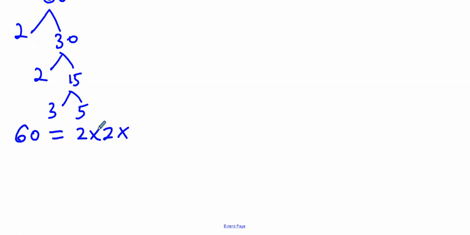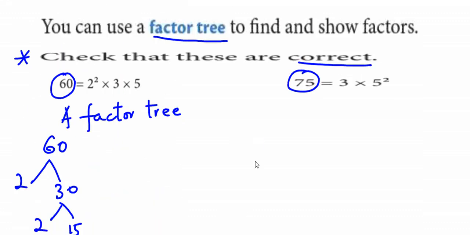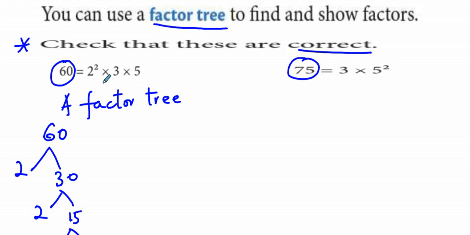We have two 2's. How many 3's? We have one 3 and one 5. In principle, you can write the 2's as a power: 2 power 2, meaning 2 times 2, two 2's. Then times 3, because there is one 3, times 5, one 5. The question is, check that these are correct. So we conclude that this is correct.